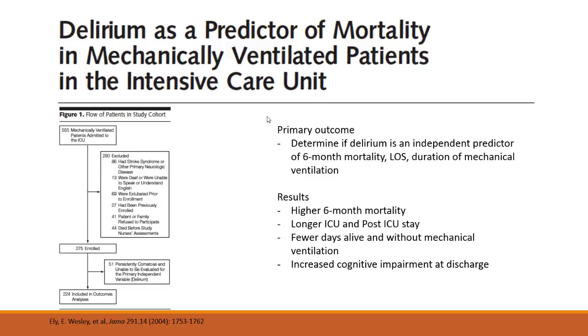What they ended up finding was a higher 6-month mortality with a hazard ratio of around 3.2, that the number of days spent in a delirious state independently predicted mortality as well, and that delirium was independently associated with ICU length of stay, hospital length of stay, duration of mechanical ventilation, and cognitive impairment at hospital discharge.